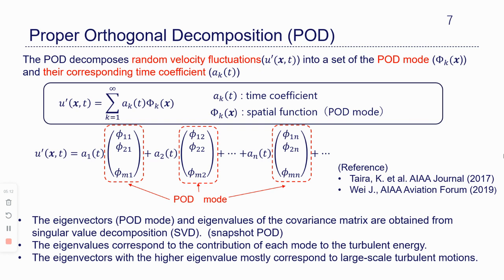Snapshot POD also gets the same result. The eigenvalues correspond to the contribution of each mode to the turbulent energy. Eigenvectors with a higher eigenvalue mostly correspond to the large-scale turbulent motion. If you are interested in the POD, please refer to this paper.